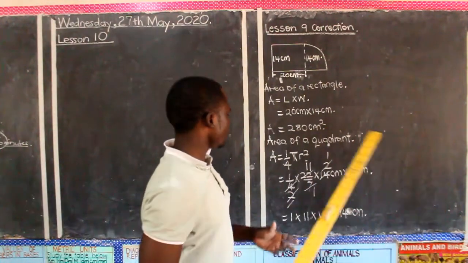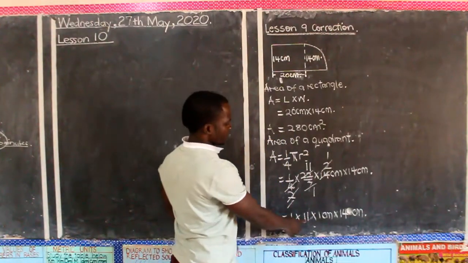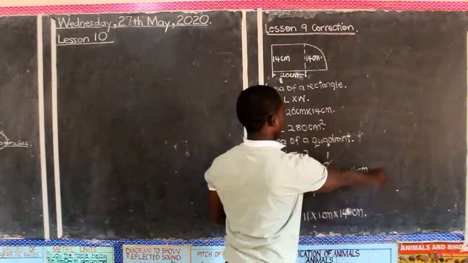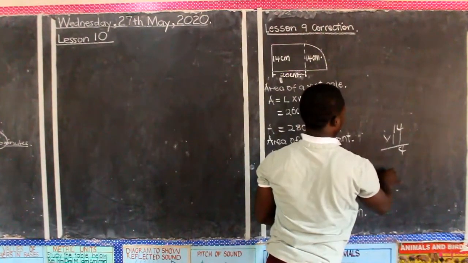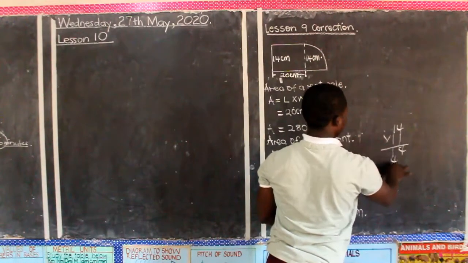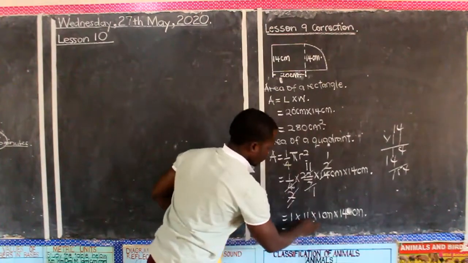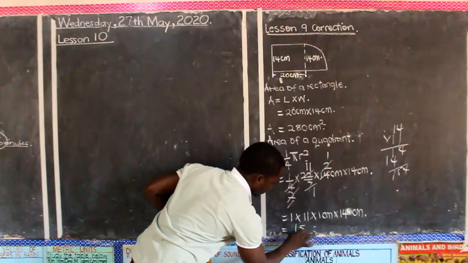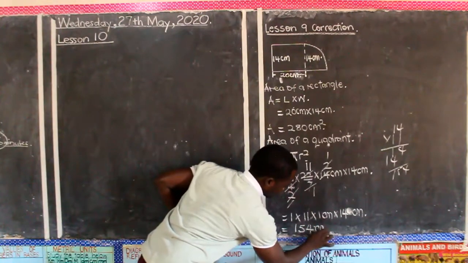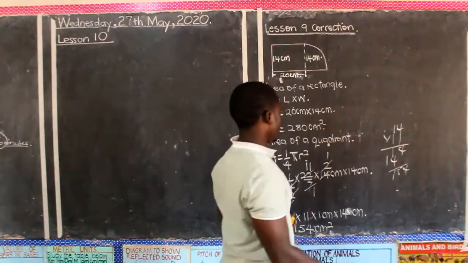Okay? Now, when we multiply 11 times 14, what do we get? 14 times 11, this is 4, that is 1, this is 4, this is 1, this is 4, 5, 1. So when we multiply 14 times 11 times 14, we shall have 154 square centimeters.